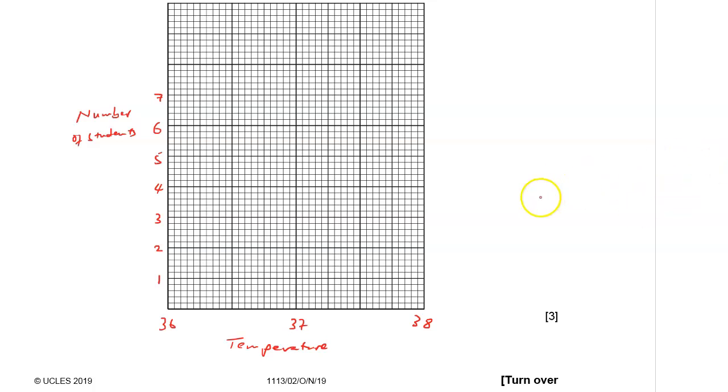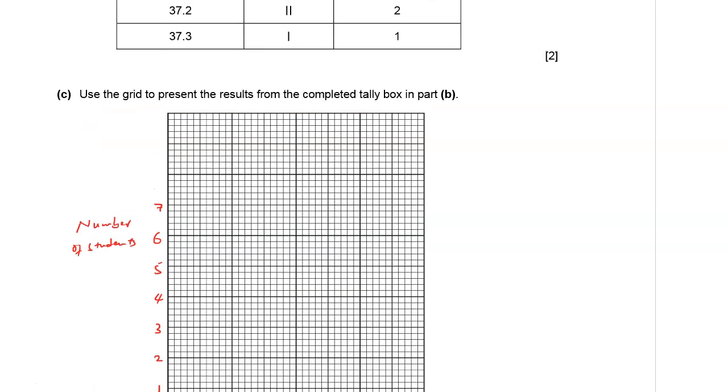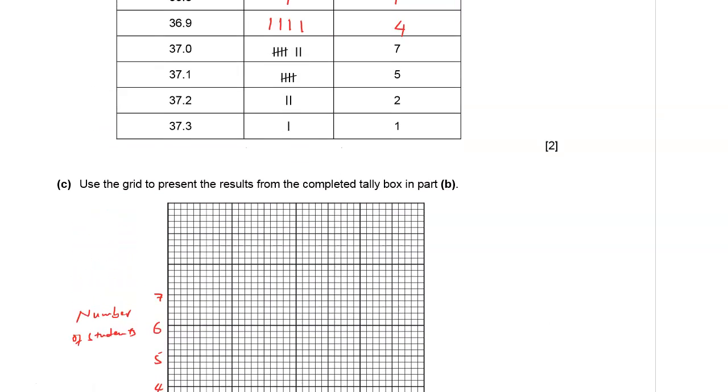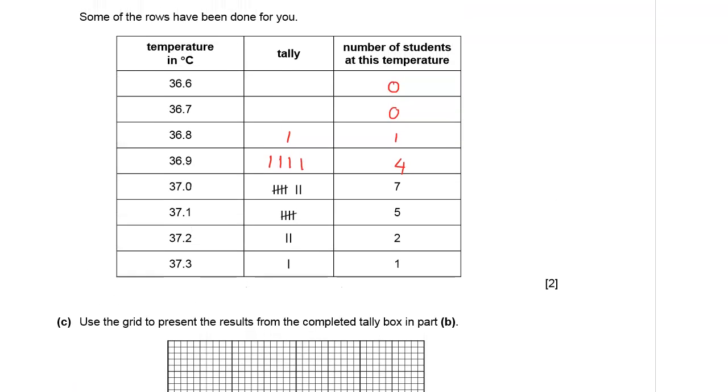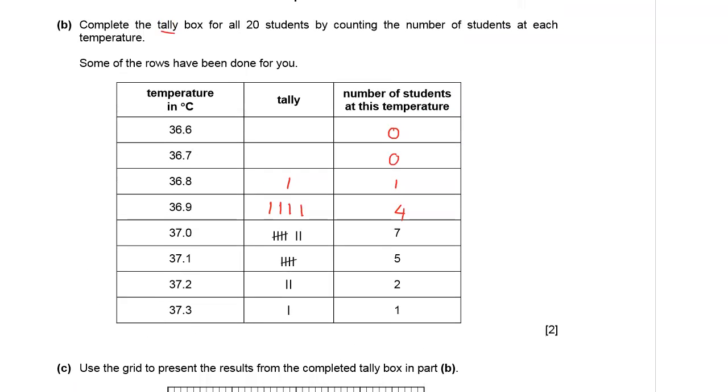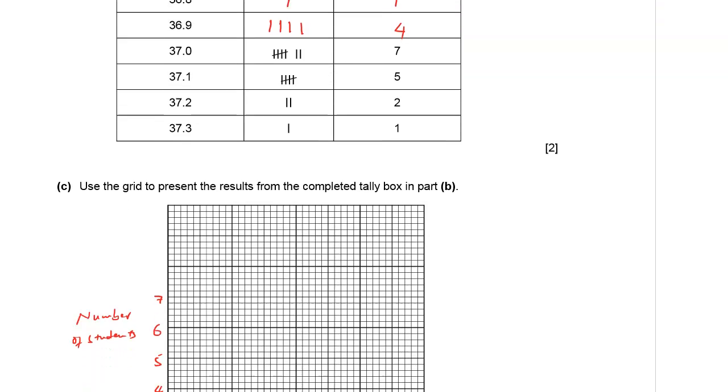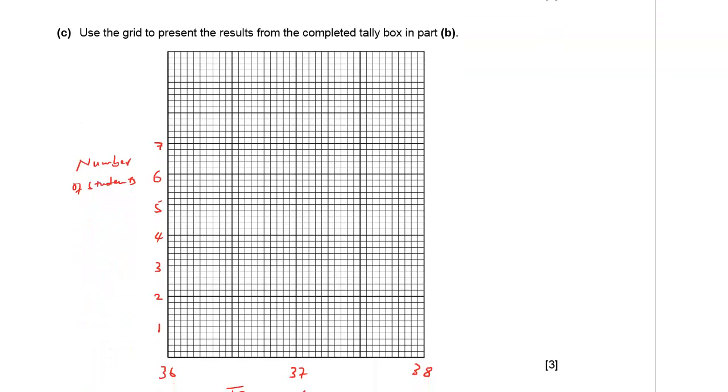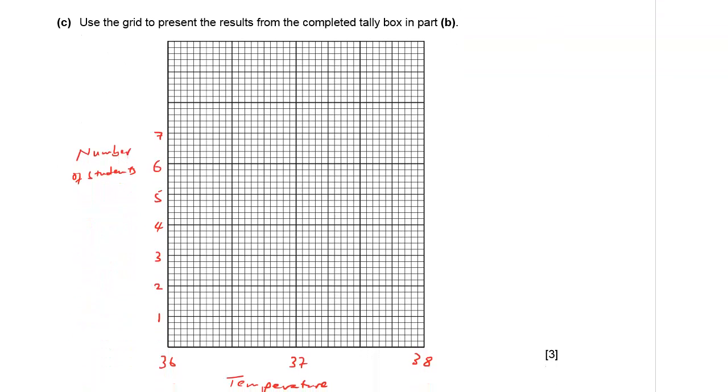Use the grid to present the results from the completed tally box. We have the tally box right here. You need to find which is 36.9.